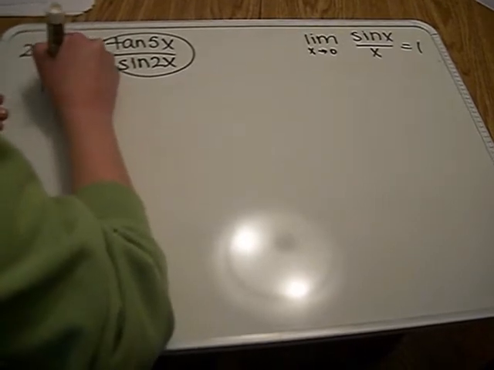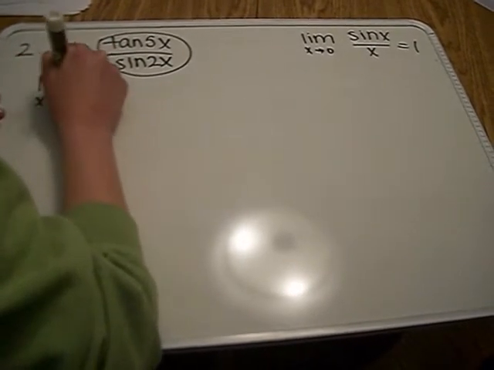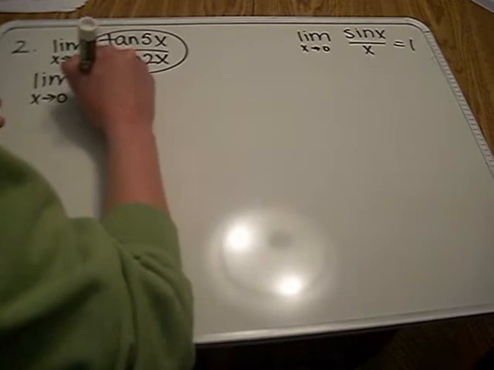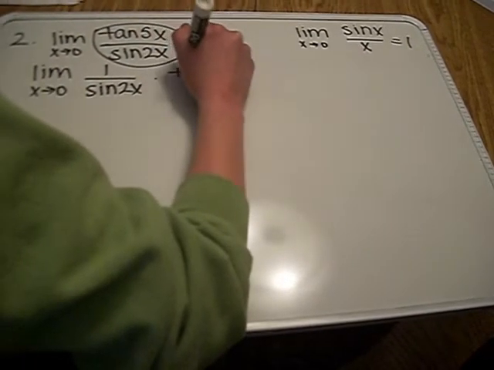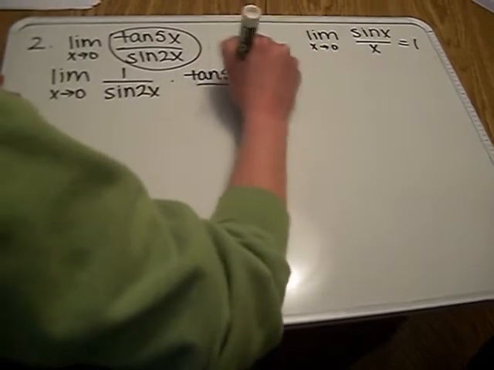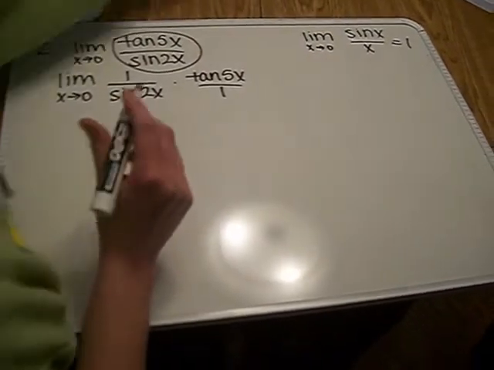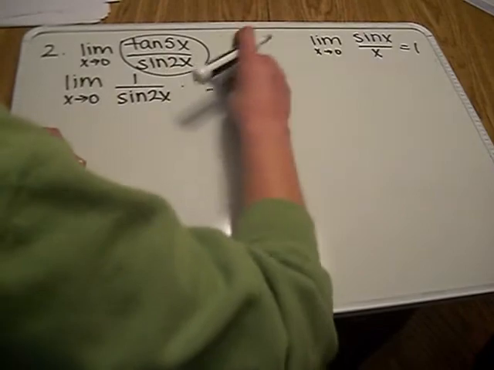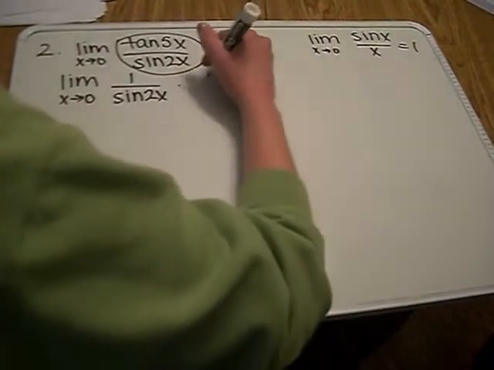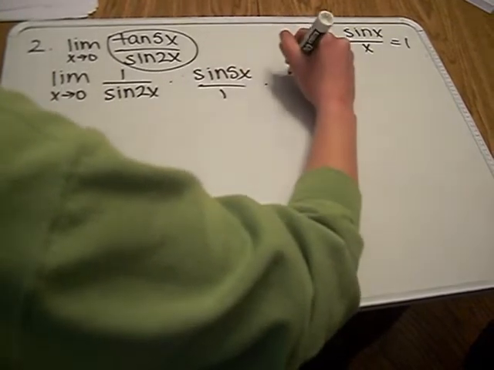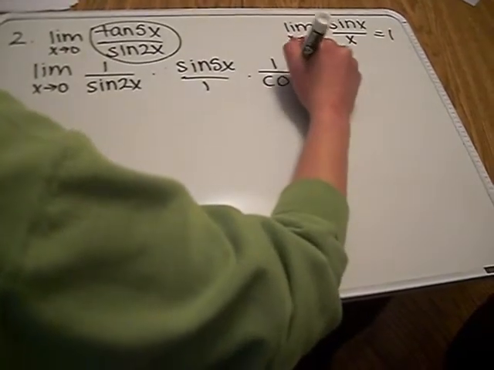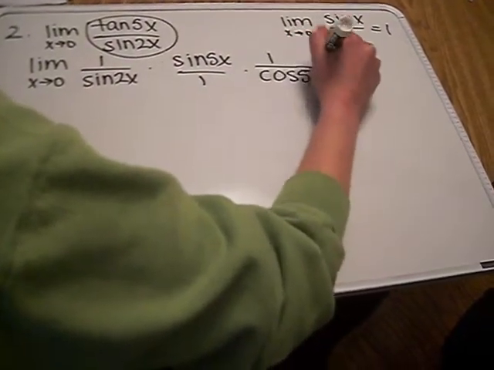We can make this the limit as x approaches 0 of 1 over the sine of 2x times tangent of 5x over 1. If you think about it, tangent of 5x is the same thing as saying sine of 5x over 1 times 1 over cosine of 5x.